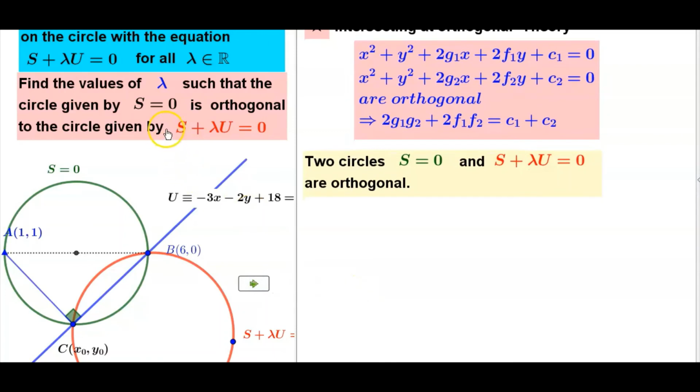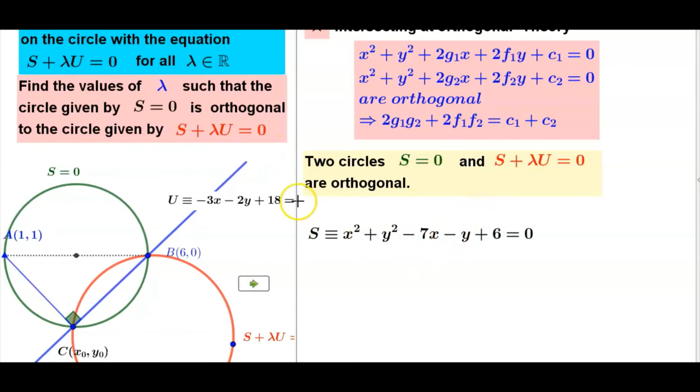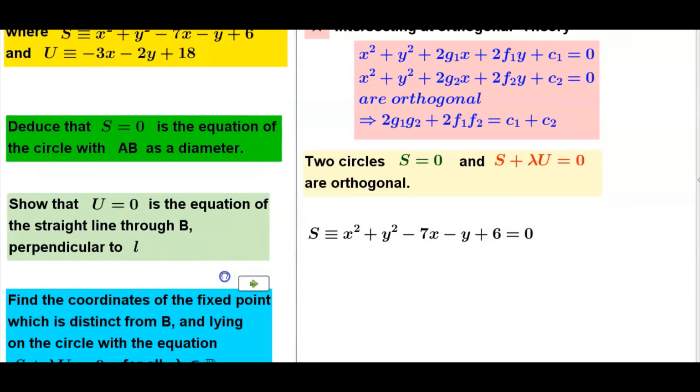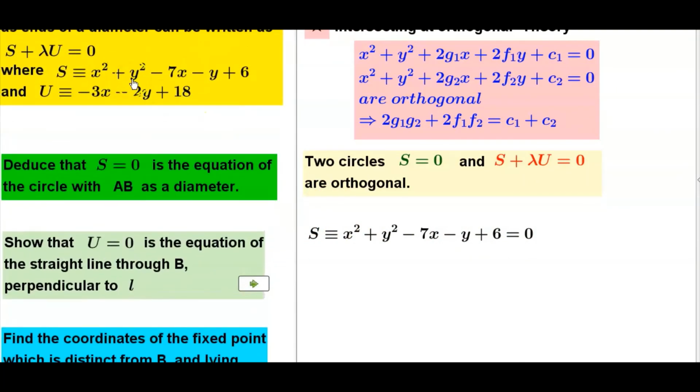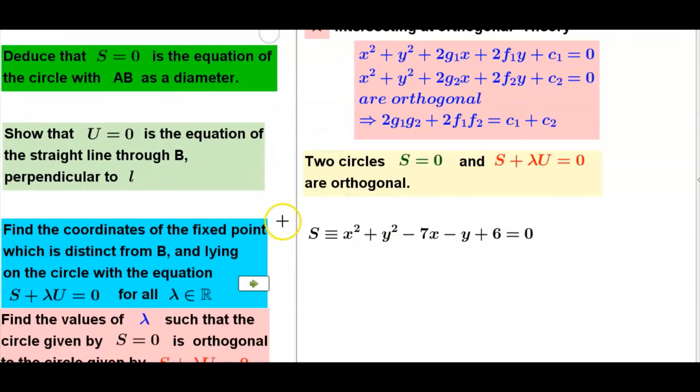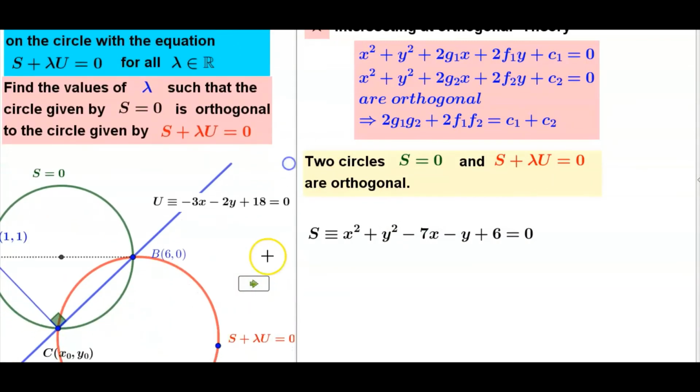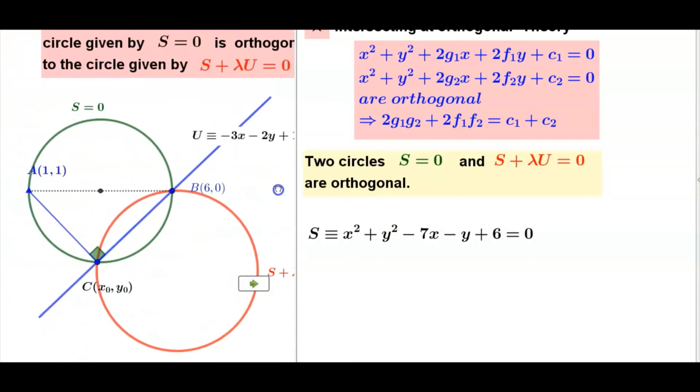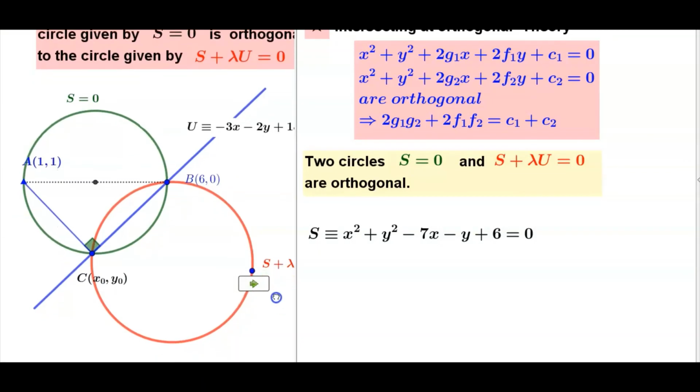Here we mention two circles. One circle is S equal to 0 and the other circle is S plus lambda U equal to 0. S we already know: x squared plus y squared minus 7x minus y plus 6 is equal to 0.